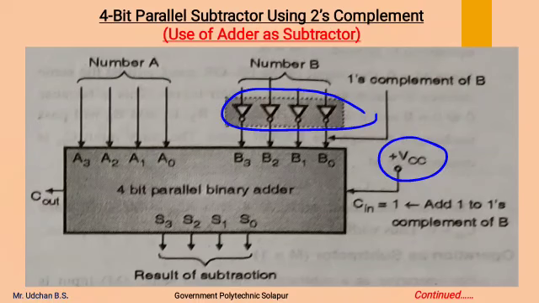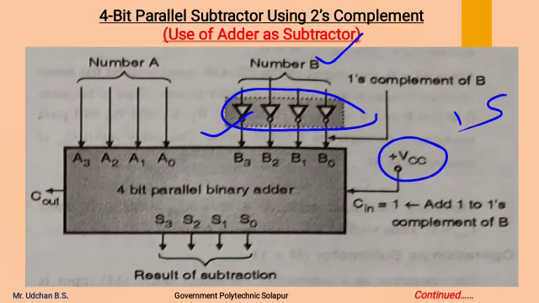Now here this is the circuit of the 4-bit parallel subtractor. The number to be subtracted, that is B, is first passed through the inverters to obtain the 1's complement of number B. One inverter per bit of word B is used.